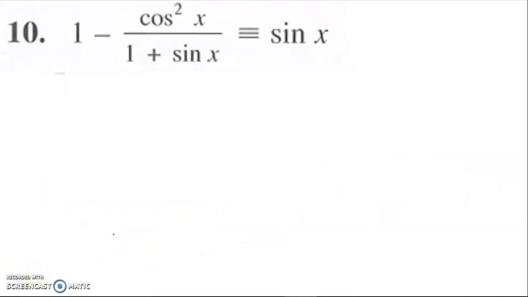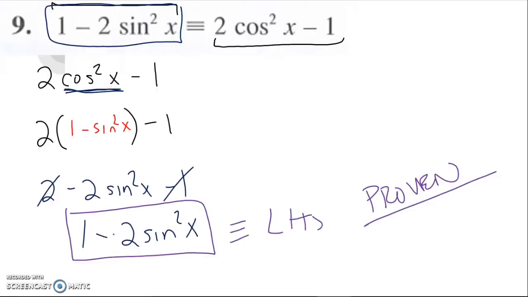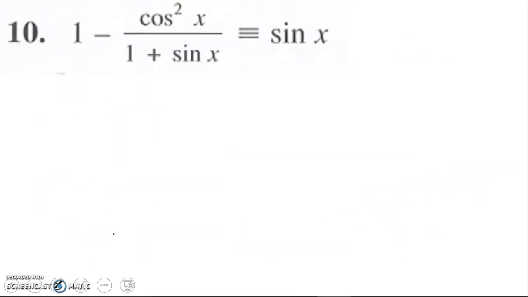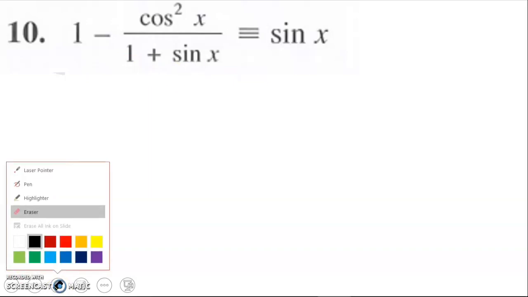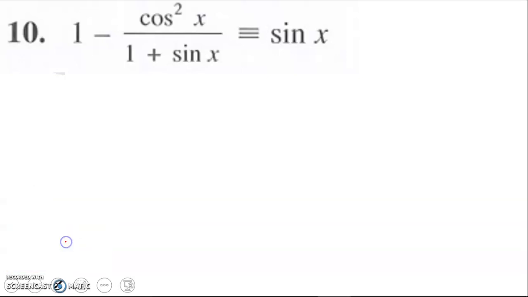All right, number 10, I'm going to work on this left side, and I'm going to prove my right-hand side. So I'm going to use a bit of what we learned in the last problem. Again, I need it to be equivalent to sine x. So what I can do with cosine squared x, well, that's an identity I'm familiar with.